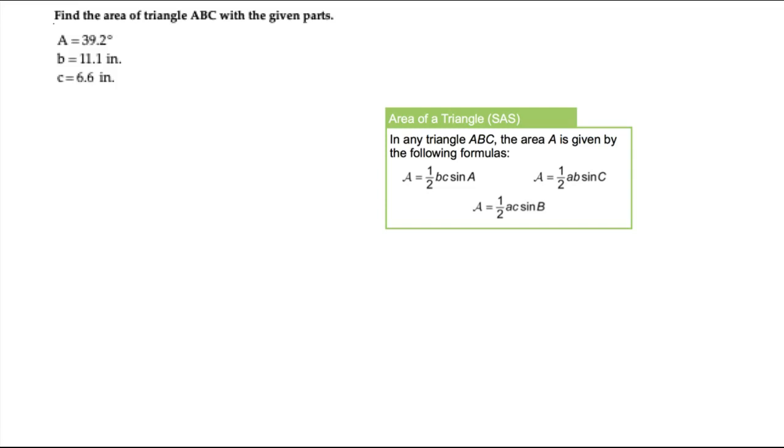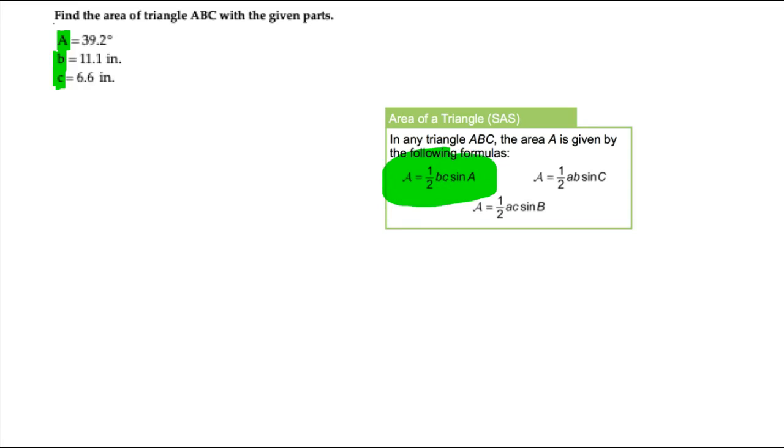So we're going to take a look at it, but the important thing to note is what information you are given so that you can match what you know to the formulas. We're just going to basically apply one of these formulas, but let's see what we know. We know angle A, we know side B and side C. So let's see which formula that is. I see an angle A, I see side B, side C. So this is the formula right here that I'm going to use.